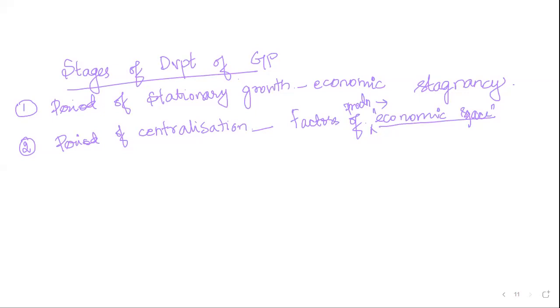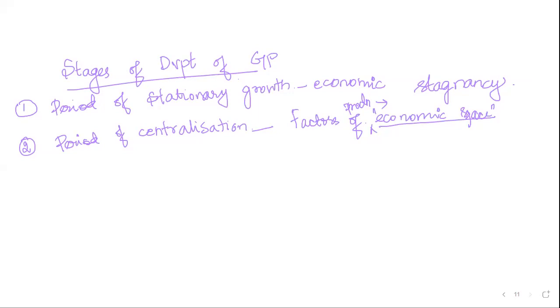And therefore, what will happen when factors of production are moving towards the economic space? It means centralization is beginning to develop. Factors of production: labor, land, capital, and your markets, basically. They are slowly moving towards my economic space.